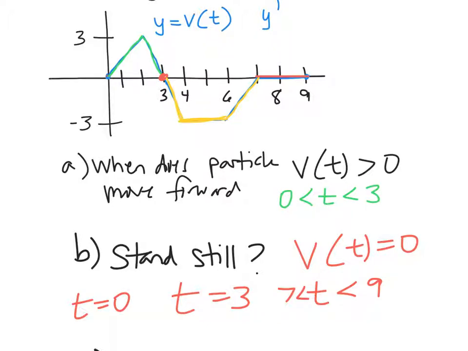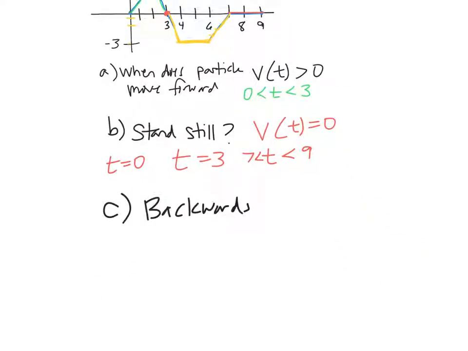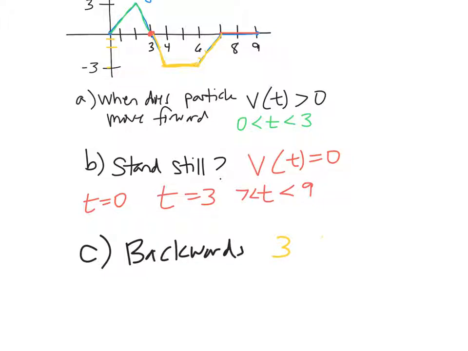You're going -1 here, then -2, and then -3, and then you go -3 for 4 to 5, 6 seconds. Okay, and then you start slowing down, but you're still going backwards. You get that? Okay, so backwards is from 3 to 7.